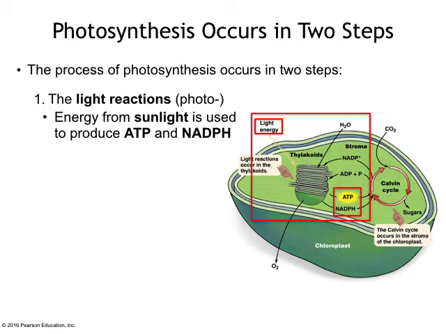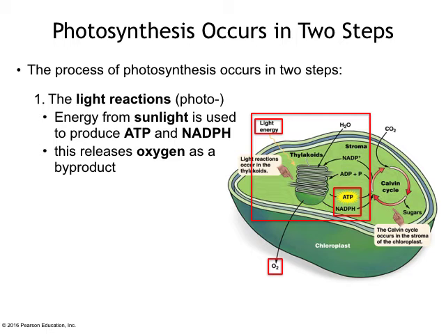NADPH is just a chemical cousin of NADH. It is an electron carrier, and that's all you need to know. In this process of taking the light energy and converting it into energy in ATP and NADPH, you release oxygen as a byproduct. Plants are not interested primarily in making oxygen through this process. They're interested in making glucose.